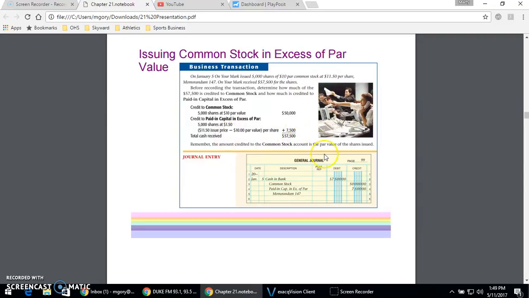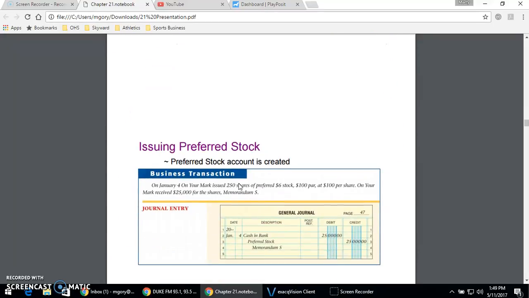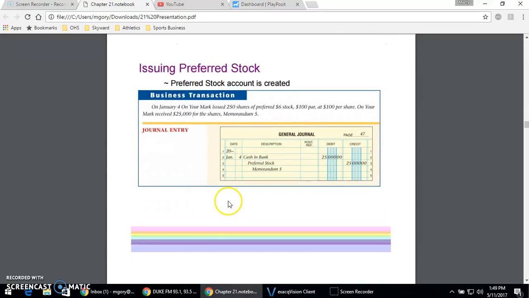That's going to equal 7,500. That is recorded here. And that means that the total cash collected from these stock sales is 57,500. So issuing of common stock at par value and in excess of par would be transacted in this manner, a compound transaction. Okay, let's take a look at issuing of preferred stock.